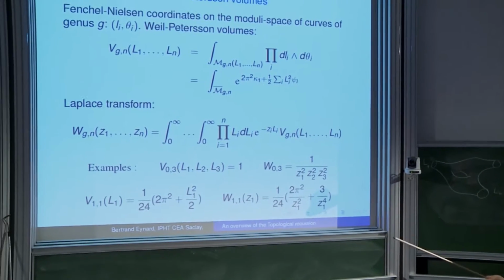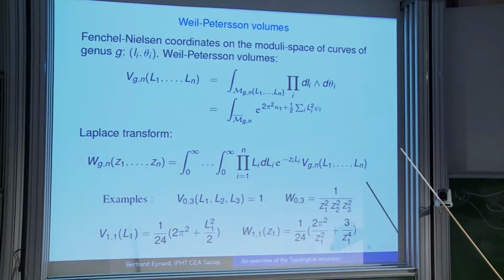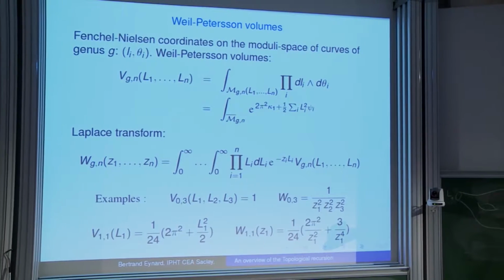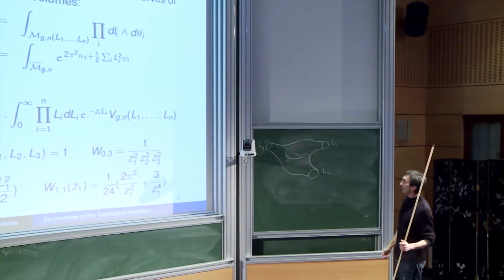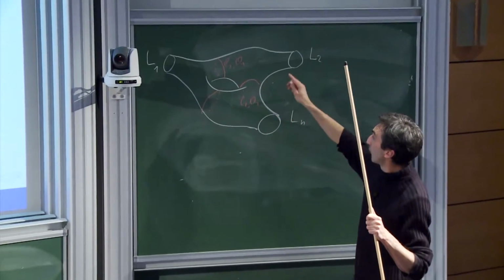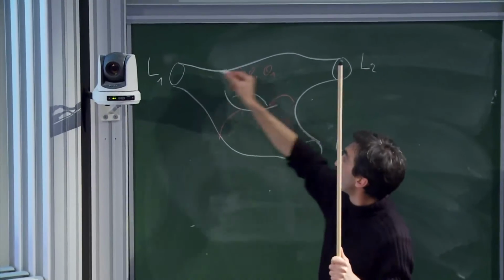Okay, so the Weil-Petersson volumes, I understand that they were a little bit introduced yesterday. I don't know how much I should say about that, but the idea is, when you have a Riemann surface of some genus with some number of boundaries, there is a unique metric with constant negative curvature for which the boundaries are geodesics.